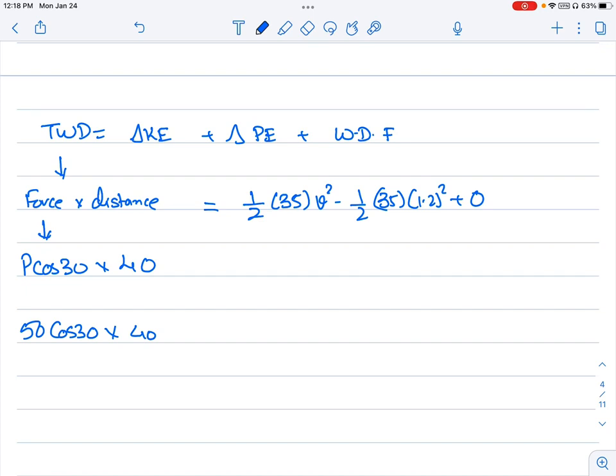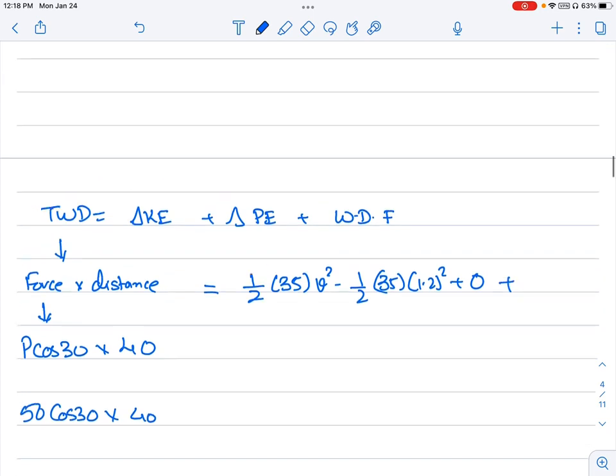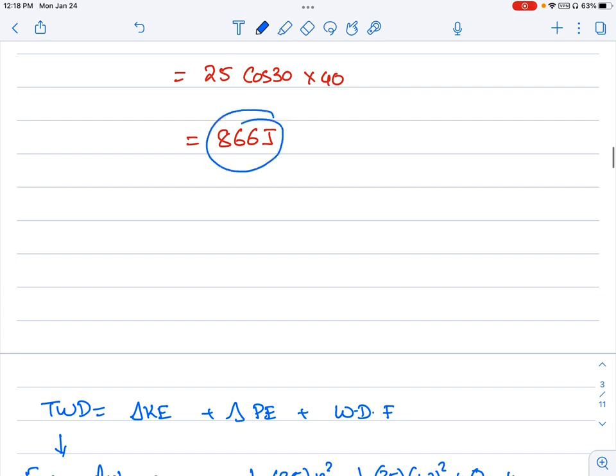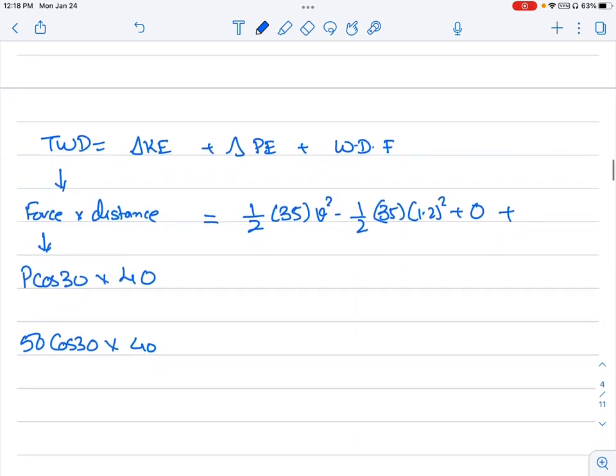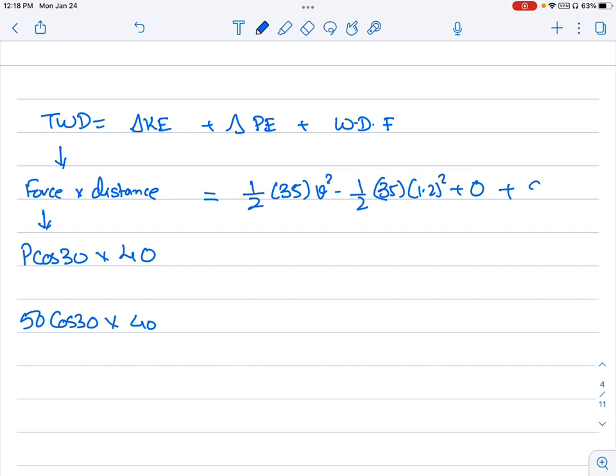Plus work done against friction, which was 866. So we can calculate that over here: 1 upon 2, 35 times v squared minus 1 upon 2, 35 times 1.2 squared plus 866.